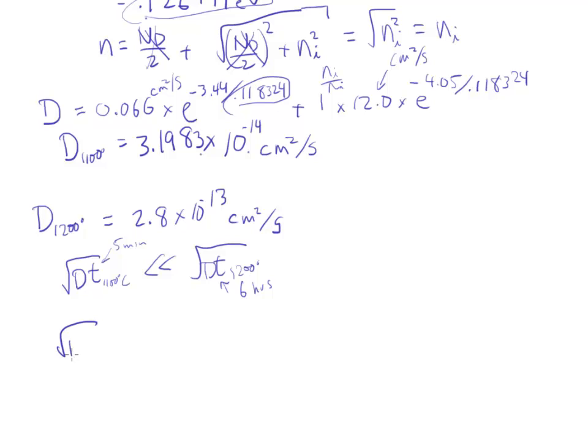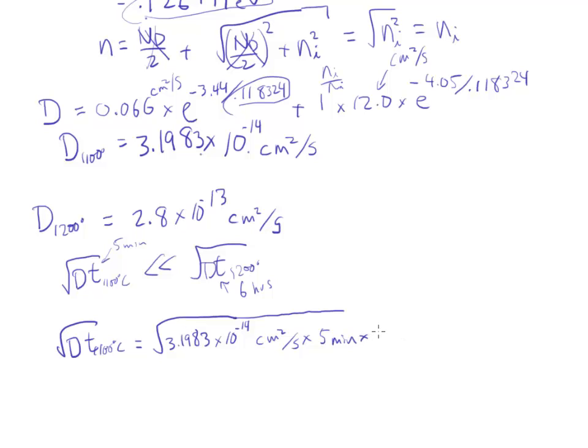So the square root of Dt at 1100 degrees C is equal to the square root of the dose, which is 3.1983 times 10 to the minus 14 centimeters squared per second, times 5 minutes.